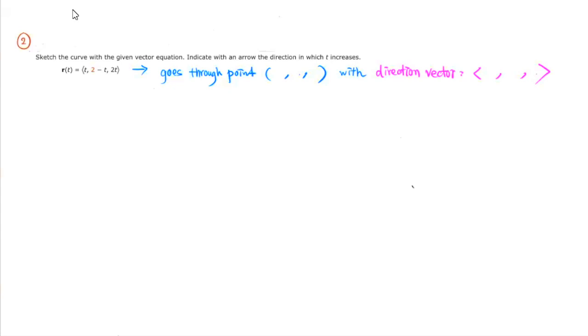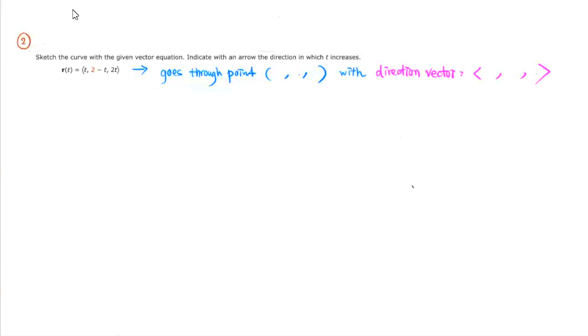And then this is negative 1. Which way do I move? To the negative y direction, right? This way or this way? This way, yeah. So we move negative 1 right here.